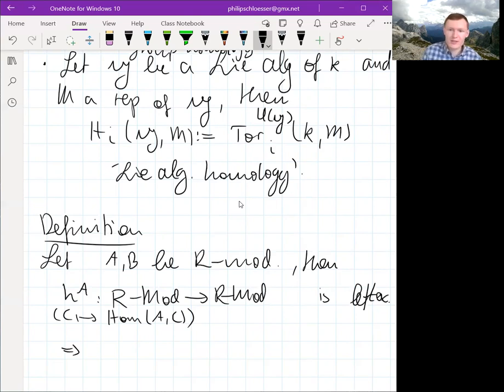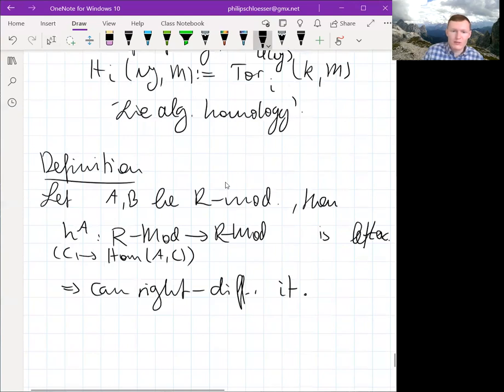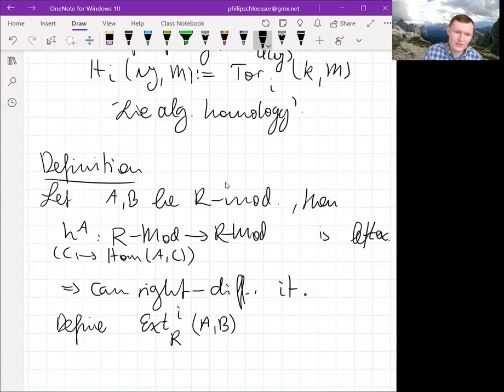And then we can right differentiate it. And so we can define what's called Ext. Ext^i(A, B) is the ith right derivative of H_A applied to B.